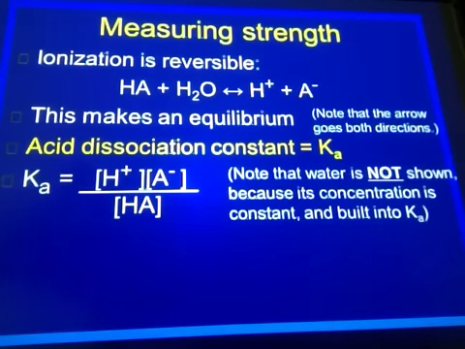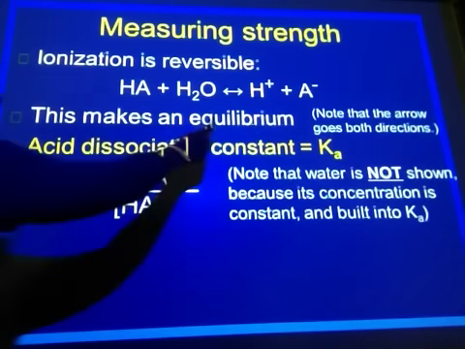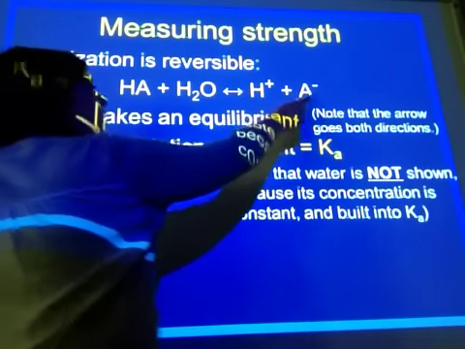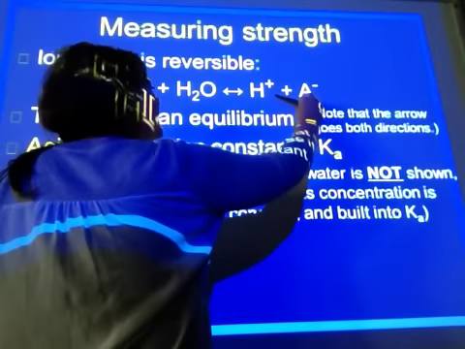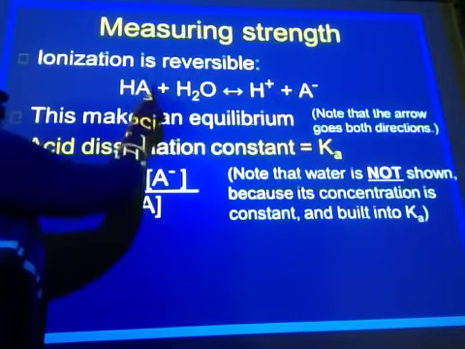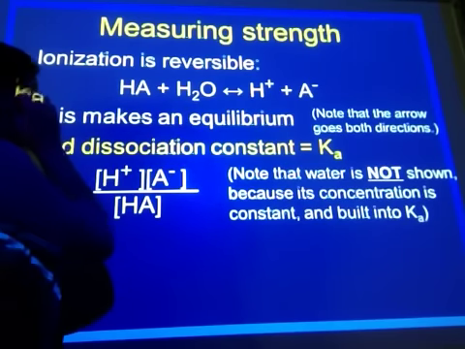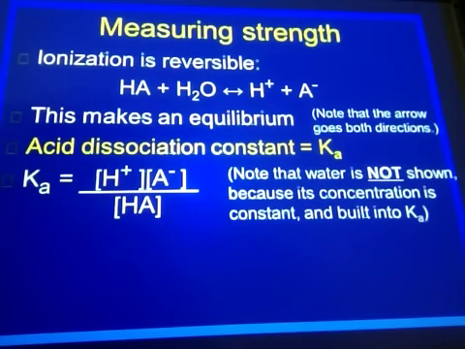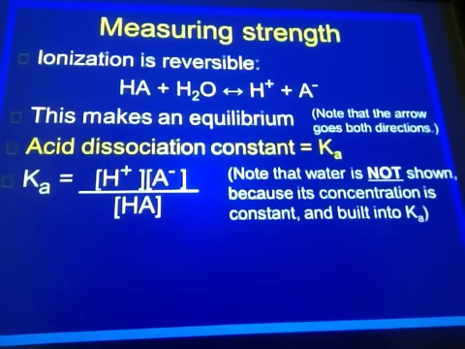So when I say here on this second bullet point that it makes an equilibrium, this means because I can't produce as many of these ions as I want, the reaction is going to move back towards where this acid is reacting with the water, so it will try to dissociate into more ions. The goal is to get more ions because then that means the acid can be stronger.